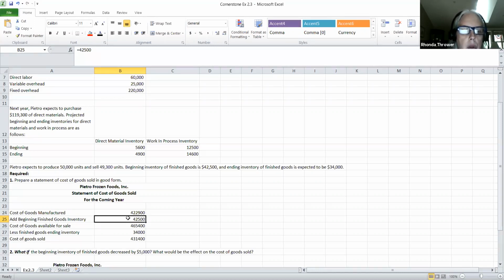It's what you have not distributed to the customers. So you still have that inside the company. The cost of goods available for sale is your cost of goods manufactured plus your beginning finished goods inventory. This will tell you how much you have available to sell throughout this time period.